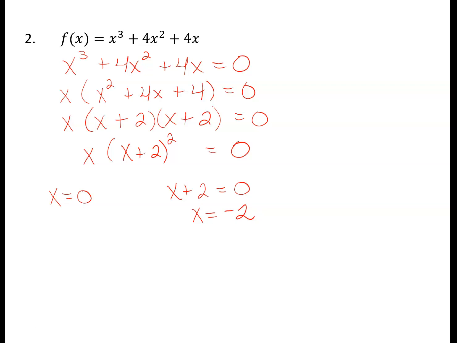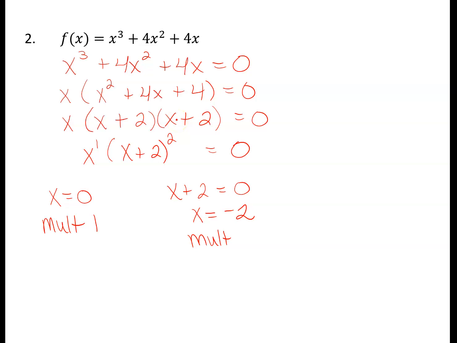Now for the multiplicity. Let's start with the first one, x equals 0. And go back and look at your factor that it came from. It came from x. X has an exponent of 1. So this has multiplicity 1. And then we need to look at our other factor, x plus 2 is squared, which you can actually see above that. There are 2 of those.